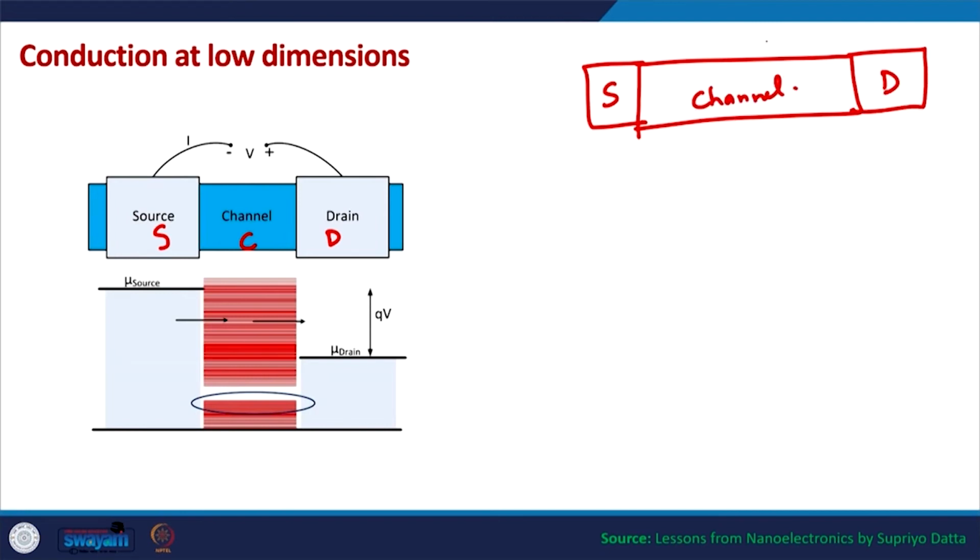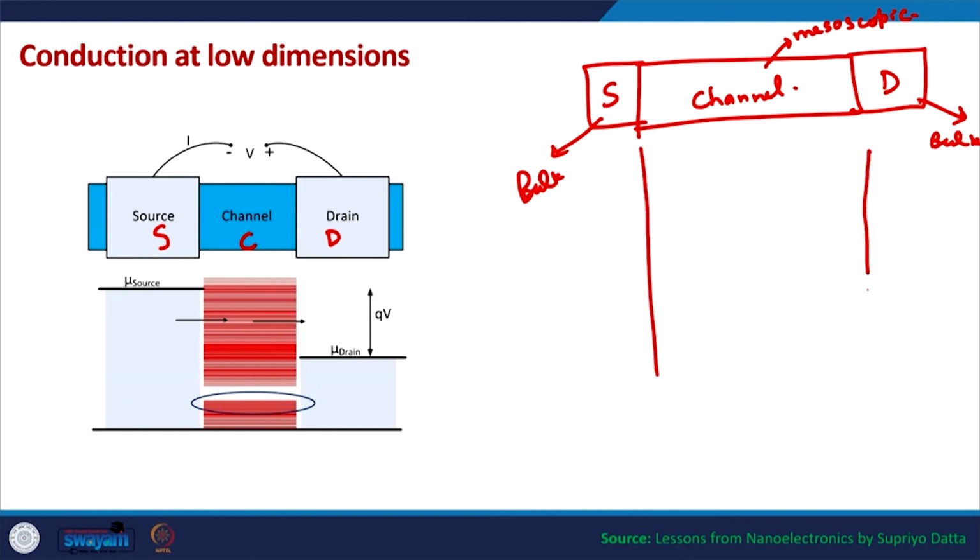The channel is a mesoscopic channel and the contacts are bulk. So, for the channel we might have discrete energy levels because of the quantum mechanical nature of electrons.